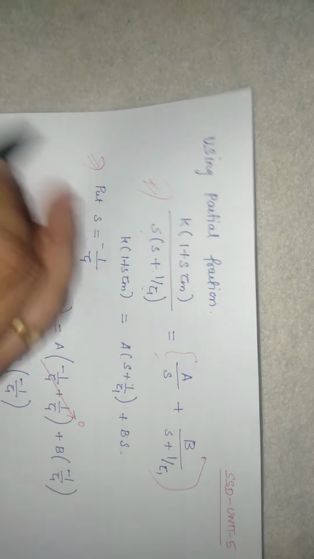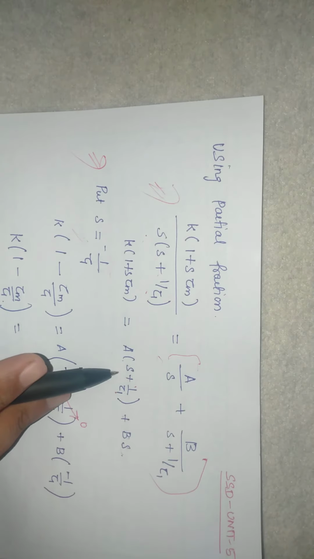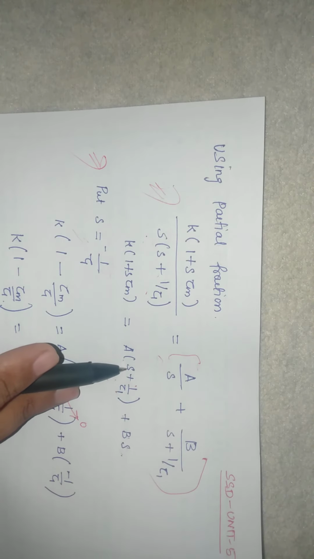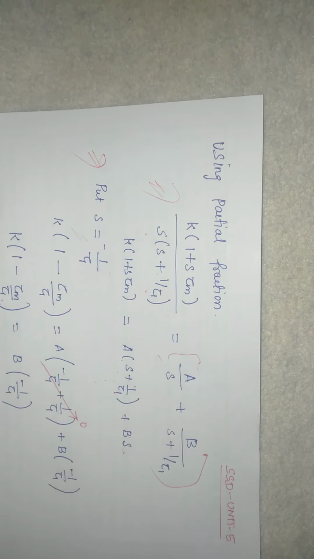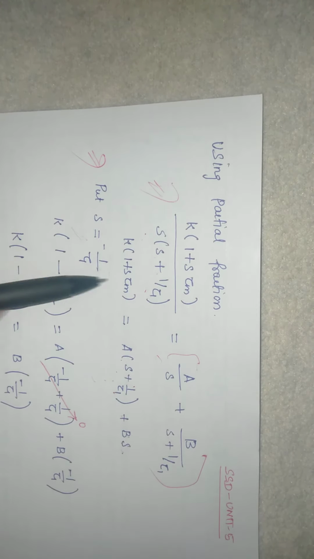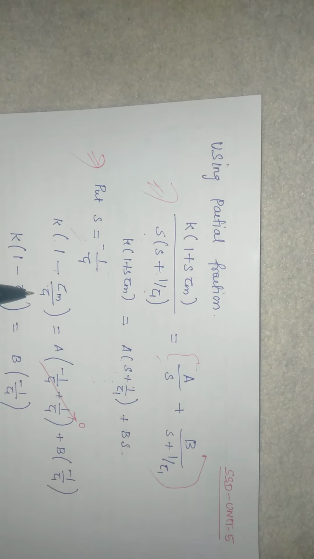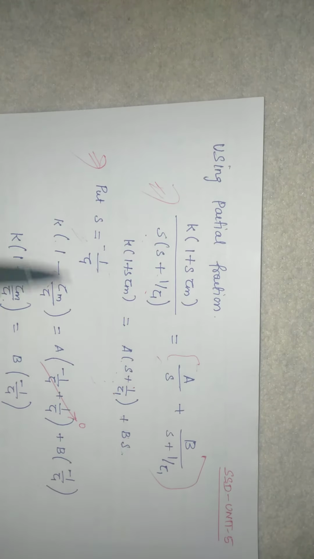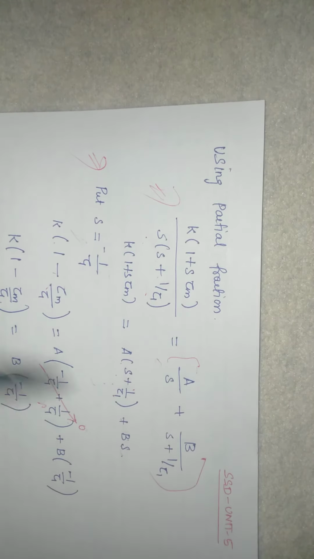So first in partial fraction we are putting the opposite section. Any one section should be getting 0, either this section or this section. For this section, if you want to put 0, s has to be minus 1 divided by tau 1, then the A term will be getting 0, and we will be finding the B value here. So now substituting s equal to minus 1 divided by tau 1, k (1 minus tau m divided by tau 1) is equal to A into, for this s we are substituting minus 1 divided by tau 1 plus 1 divided by tau 1, both getting cancelled as 0.